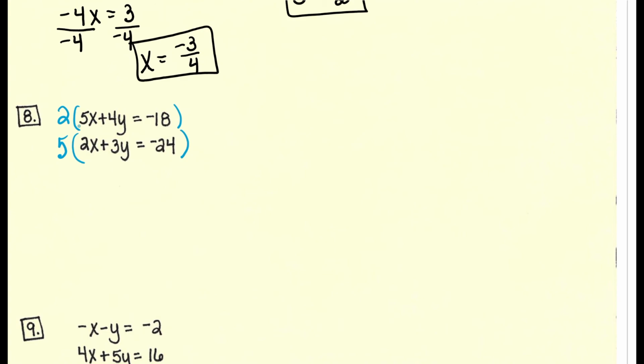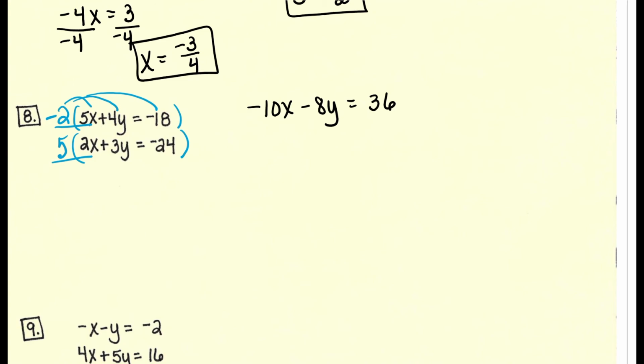I have just guaranteed that 2 times 5 is the same thing as 5 times 2. They're both 10 and they'll eliminate as long as one of them is a negative. So I'm going to put a negative onto the top equation. That's going to give me negative 10x minus 8y is equal to positive 36.